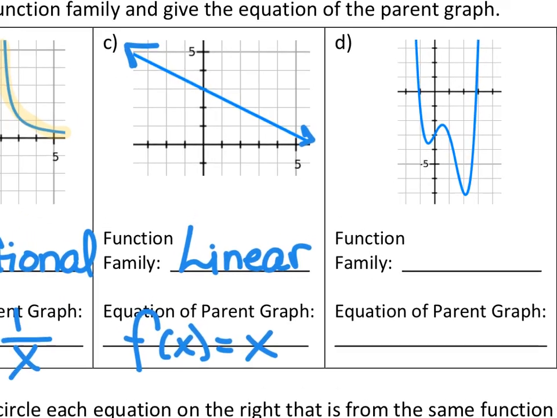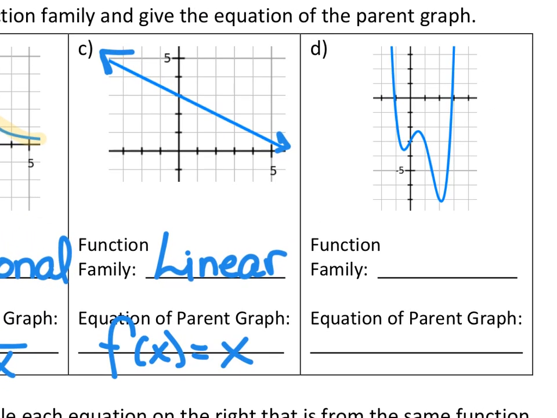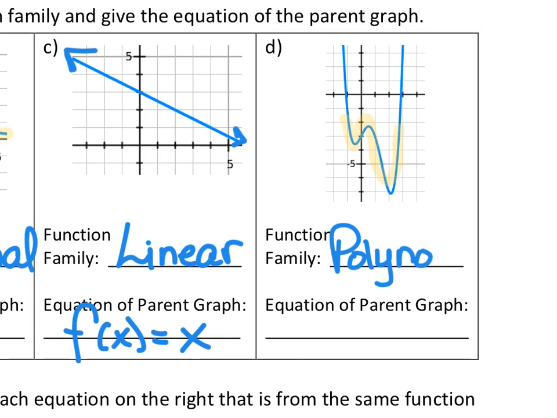And for this last one here, the graphs that tend to be wavy in the middle are the polynomial functions. And the parent equation of a polynomial function is x with an exponent.